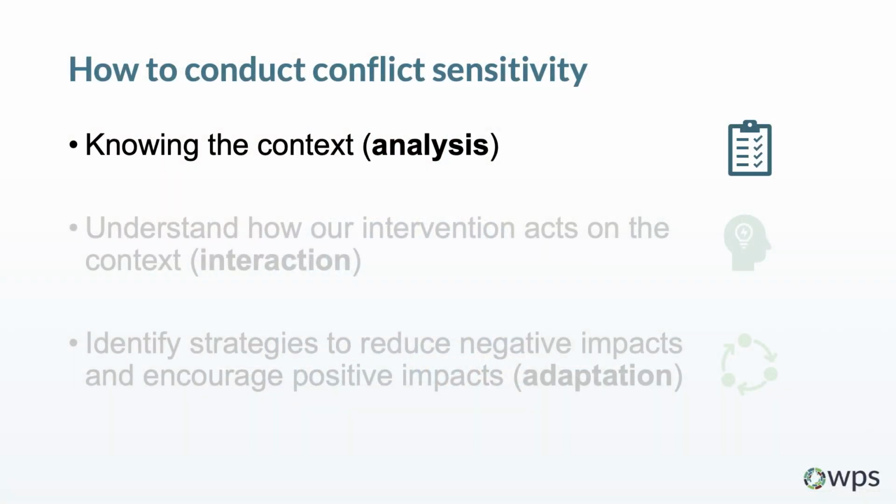The first step is understanding the context in which you operate. You do that through conflict analysis. That is, understanding the grievances and power relations at play around water access and use. In our example, you would learn that the employment situation is difficult and that youth in particular struggle to make both ends meet. You could also learn that there is a specific dynamic between local authorities and different groups: self-subsistence farmers, landowners, etc. You need your analysis to be regularly updated, especially when there are key changes in the context.